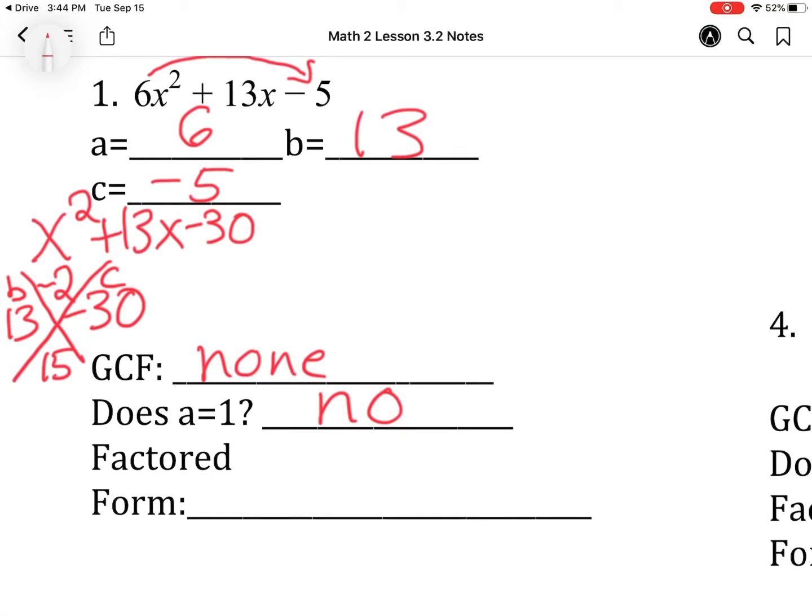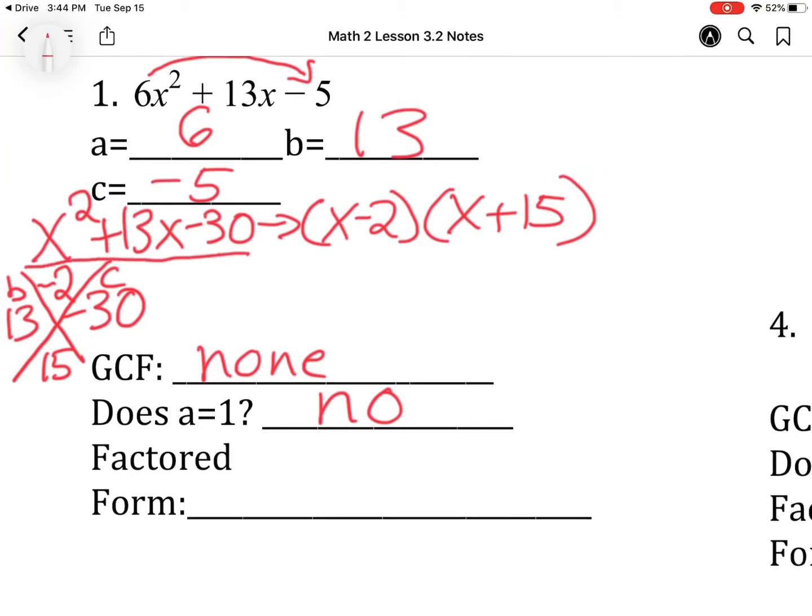That's what we wanted. So if we were just factoring this x squared plus 13x minus 30, we would have a factored form of x minus 2 times x plus 15. But this wasn't the equation that we started with.